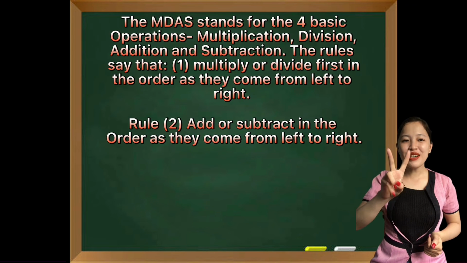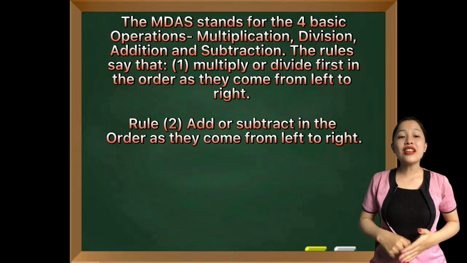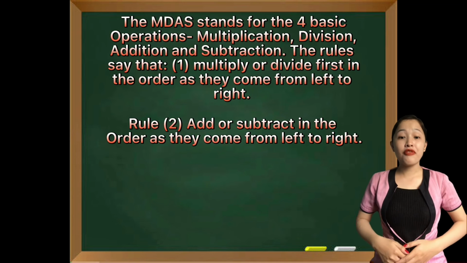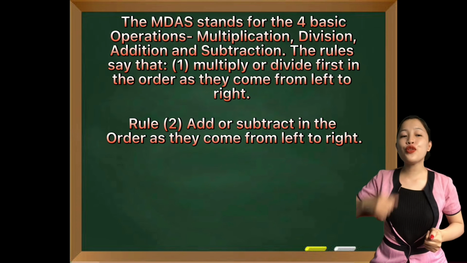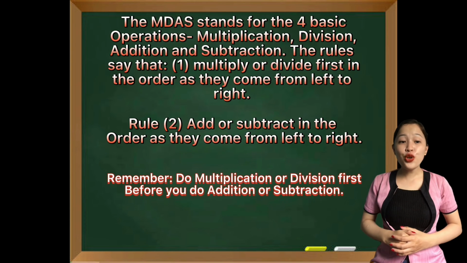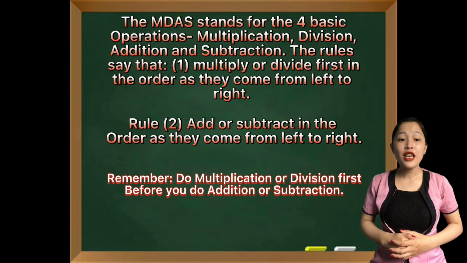And rule number 2, add or subtract in the order as they come from left to right. And class, remember that you need to do multiplication or division first before you do addition or subtraction.